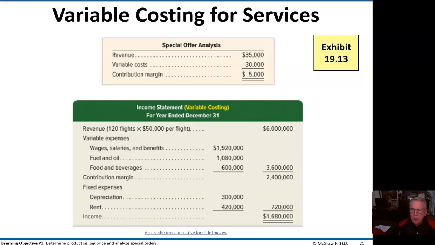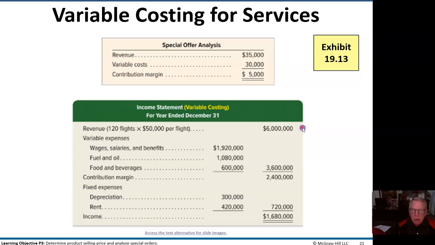All right. So we can also use variable costing for services. Here our revenue was $35,000. The variable costs were $30,000. So our contribution margin is $5,000. So here we have 120 flights at $50,000 per flight. Airplanes are expensive.